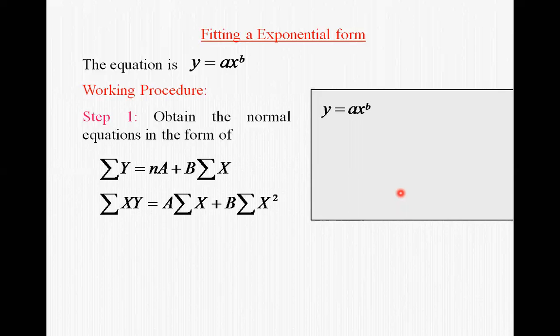Consider y equals a into x to the power of b. Take log on both sides. Then log y to the base e equals log a plus b log x.